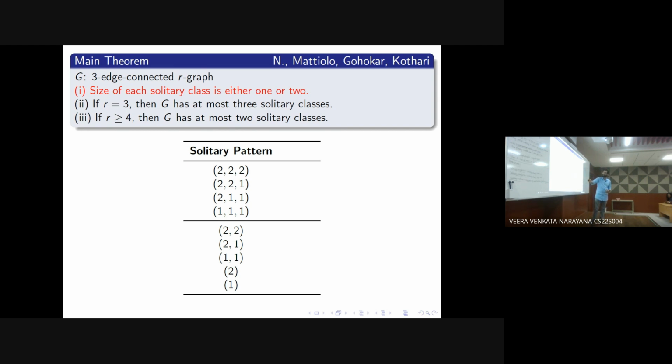So we can have at most a 3-tuple or 2-tuple or 1-tuple. And the first one says the cardinality of each such class is either 1 or 2. So therefore, these are the only possible solitary patterns. The first 4 happen only for r equal to 3, from part 2.